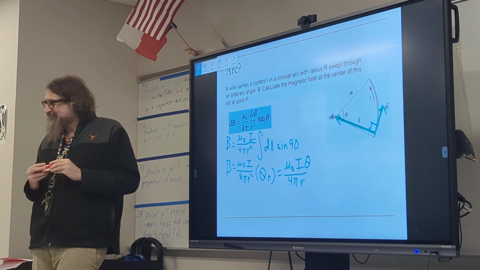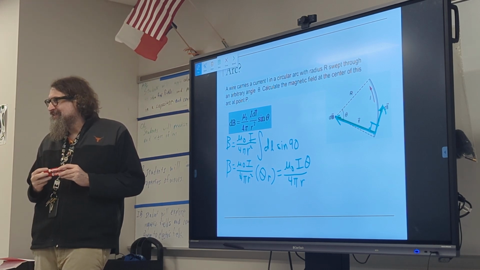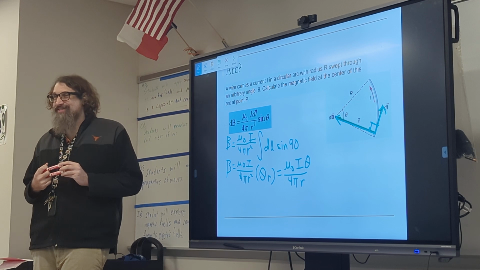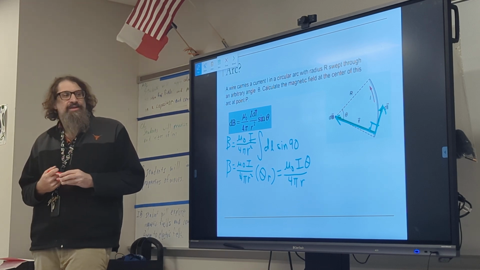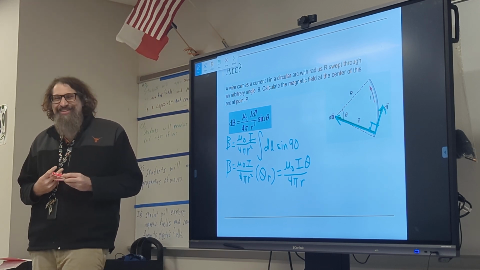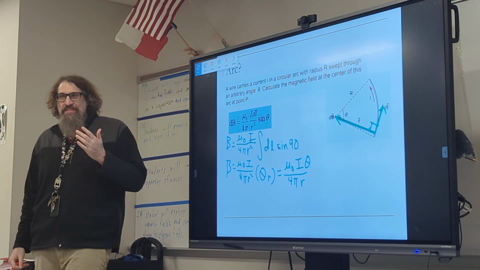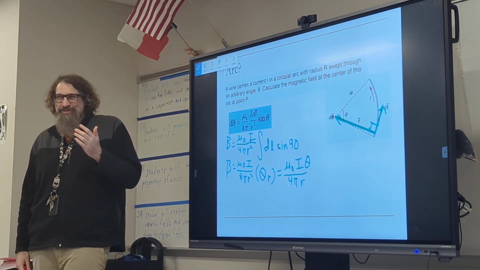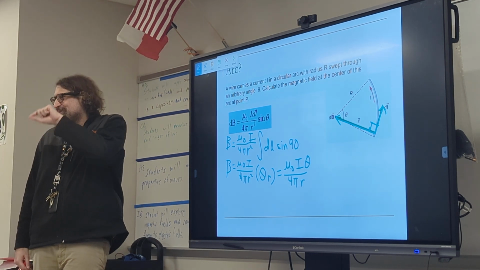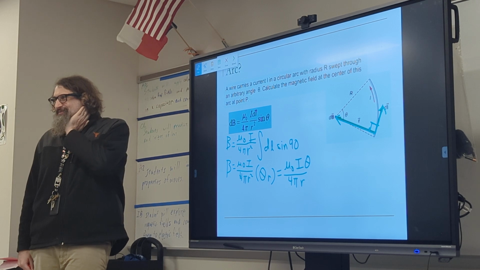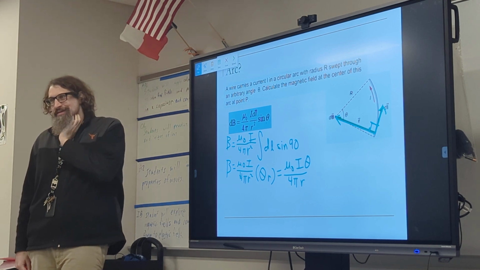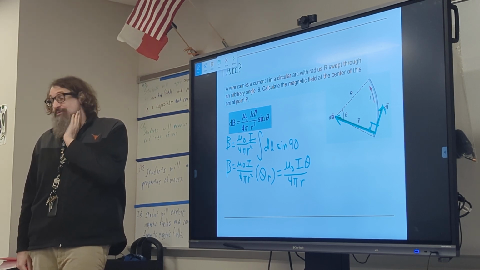What would be the equation if it wasn't at the center? Then our radius would be changing distances as we go around the arc, and it would be a pain.